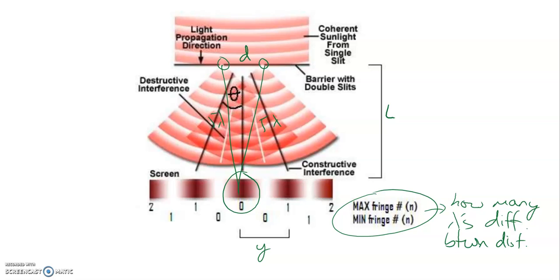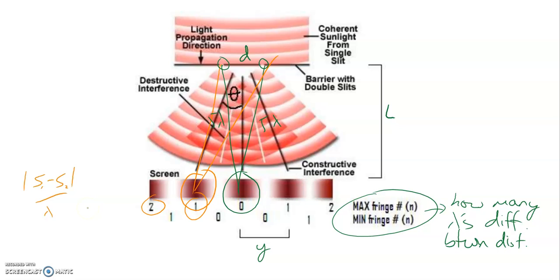But if we go further out, to this one over here, with that distance and that distance, the second distance is obviously further, by 1 wavelength, and that's why the fringe number is 1. This one here is 2 wavelengths farther away from the second opening compared to the first opening, and that's where the fringe numbers come from. Now this should sound familiar. It's the exact same idea you did way back when you did basic two-wave interference.